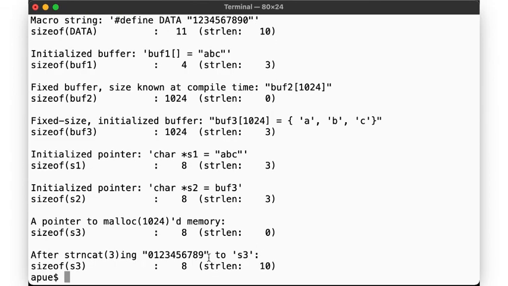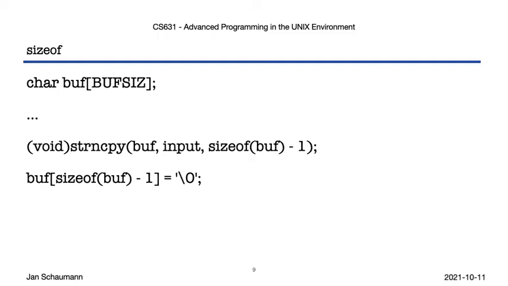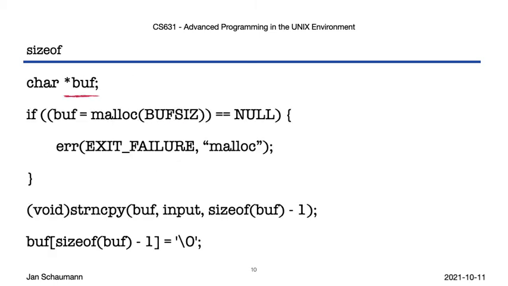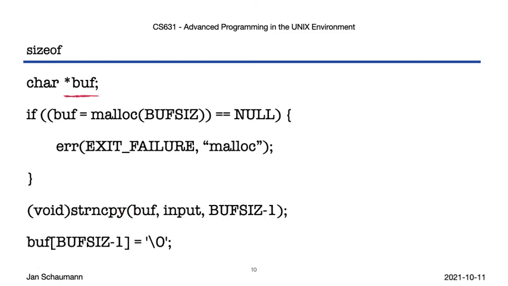And so, going back to the example from the strlcpy manual page, we note that when we have a fixed size buffer with a size known at compile time, then we can use sizeof to determine the correct size. But if we have a dynamically allocated buffer, then we can't use sizeof, because that will always return the size of the pointer on this platform, 8 in our case, which is not the size of the buffer at all. Rather, we need to specify the actual maximum size of the buffer that we allocated to pass to strlcpy.